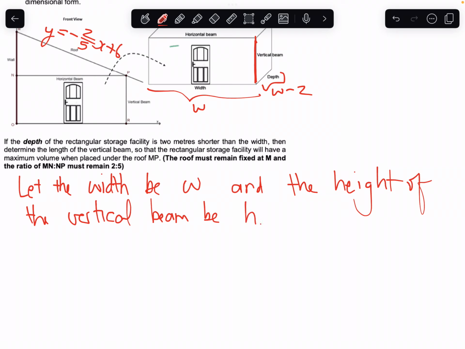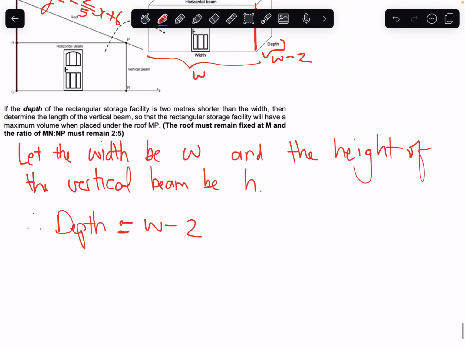Then the volume of the warehouse will be given by, first of all, the depth will be given by W minus 2, and therefore the volume will be given by W times W minus 2 times H.